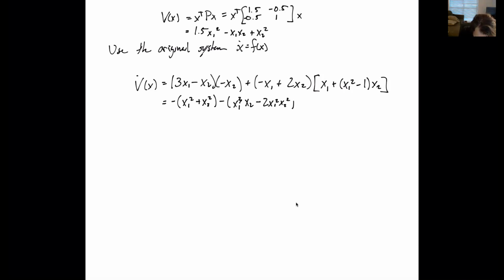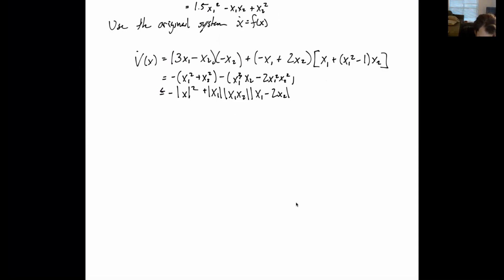So this first quantity right here is literally the norm squared. So this will be equal to negative norm of x squared. And now the guy on the right, well, this is all less than or equal to, right, the norm of x1 x2 times the norm of x1 minus x2, okay?